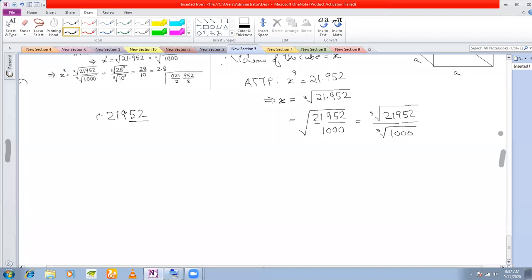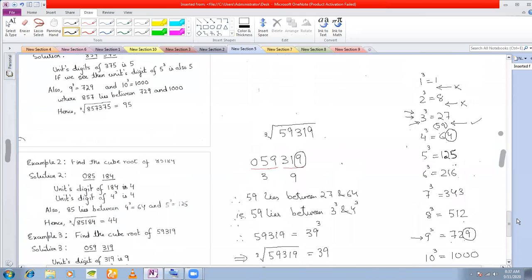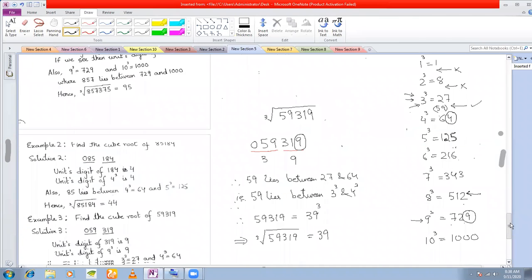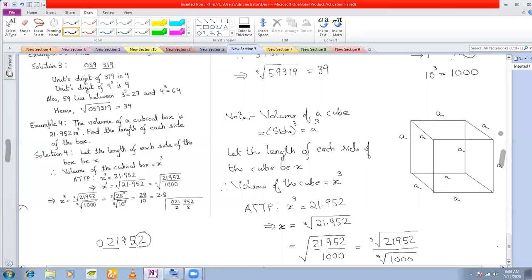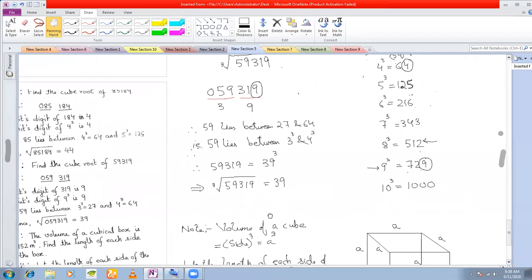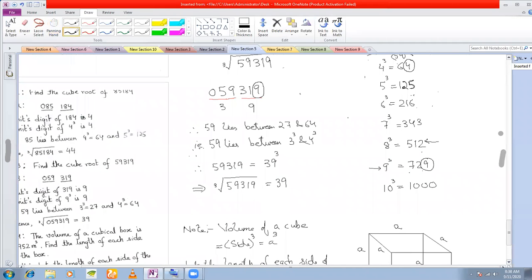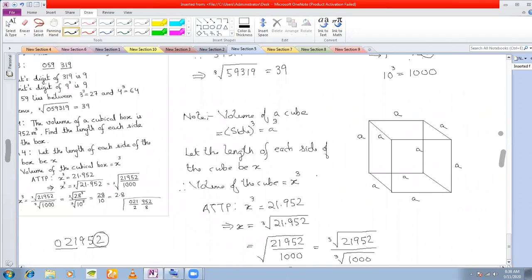Group these. 2 is the units digit of this number, right? So therefore we'll choose 8 as our number. 8 cube is 512. The units digit here is 2. So therefore you will write 8 here.